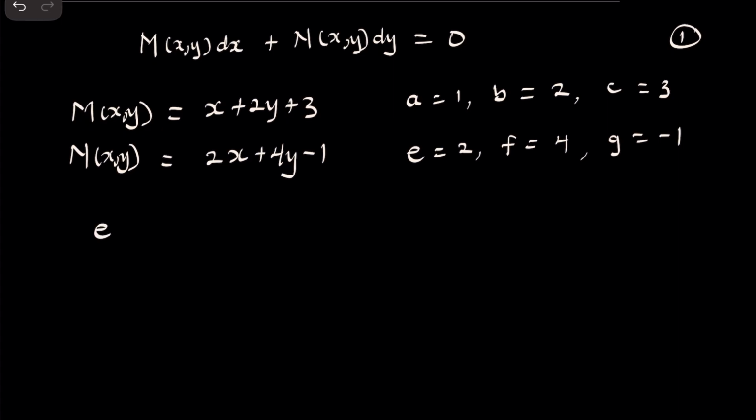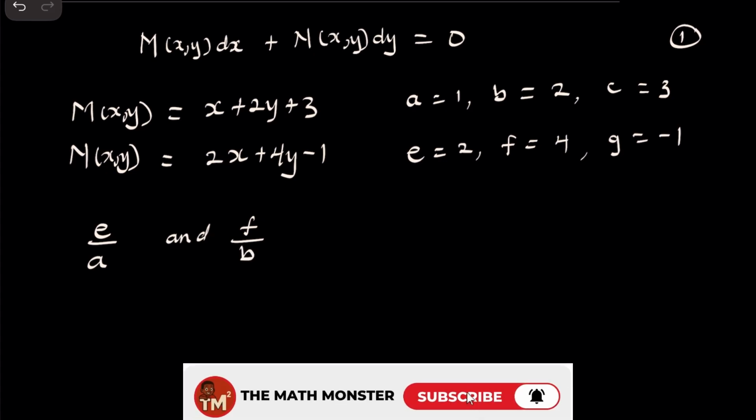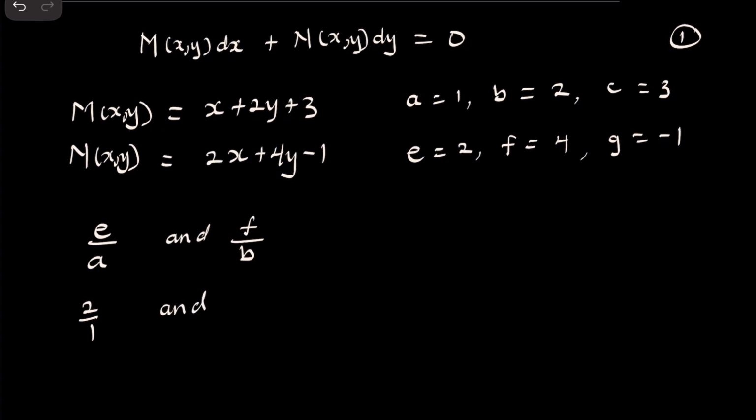We now compute e on a and f on b. So e on a gives us 2 on 1, and f on b gives us 4 on 2. And so we are going to have 2 is equal to 2. And so in this case, we have e on a equal to f on b.